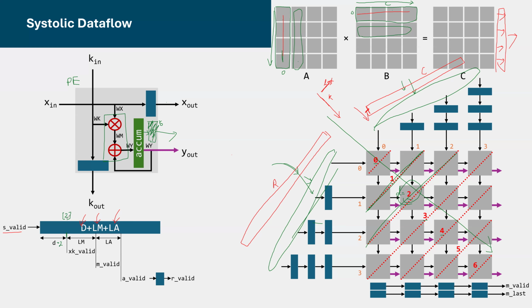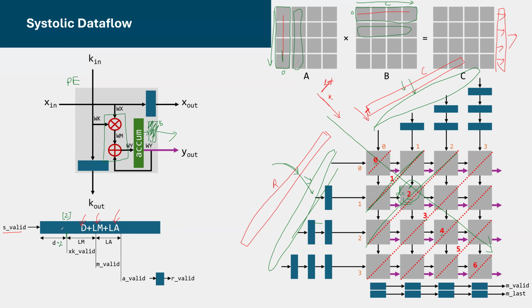The value you get from the shift register output tells you whether your input data is valid or not, because it is the S valid delayed by 2 clocks.